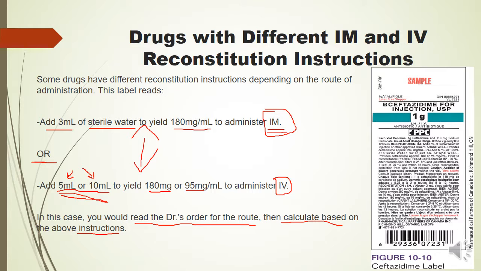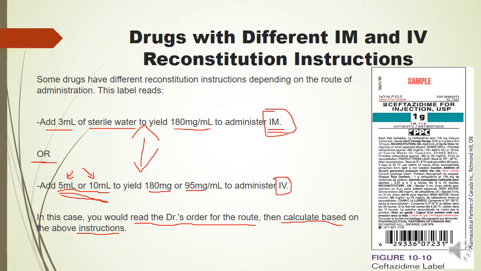Drugs with different intramuscular and intravenous reconstitution instructions. Some drugs have different reconstitution instructions depending on the route of administration. This label, for example, is talking about administration, and it's difficult to read because it's very small, but we are to add 3 milliliters of sterile water to yield a final concentration of 180 milligrams per ml if we want to use the IM route.